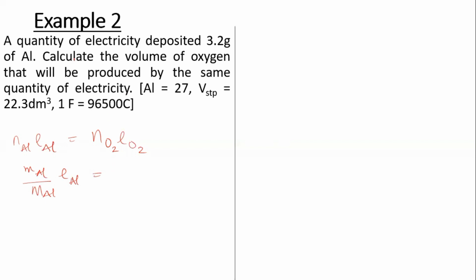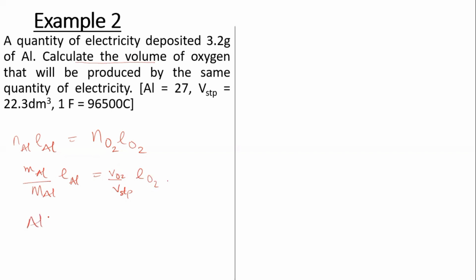So this time around, for the mole, we are going to be using volume because you are talking in terms of volume for oxygen. So mole of oxygen is going to be the volume of oxygen over volume at STP. So since mole is volume over volume at STP, we use that. Then the electron passed in oxygen.